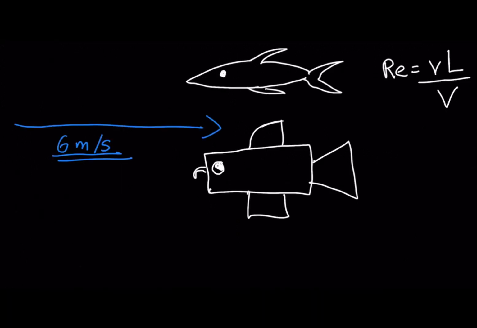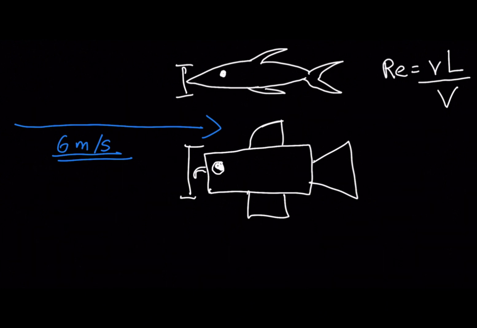So this is a diagram that I made, and it represents the flow of water constantly directed towards these two fish at 6 meters per second. And what we can do is look at these lengths. We can compare that the length of the more streamlined fish is going to be much smaller than the length of the boxed, bulky fish.